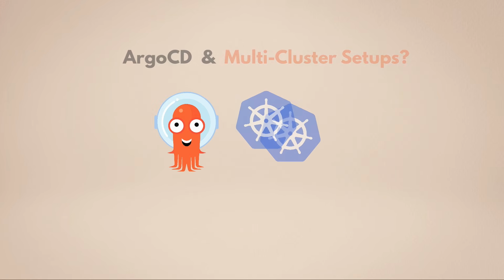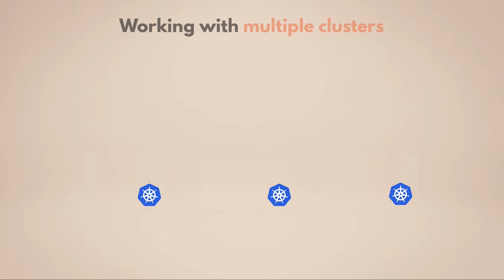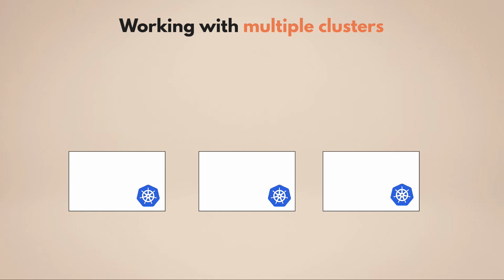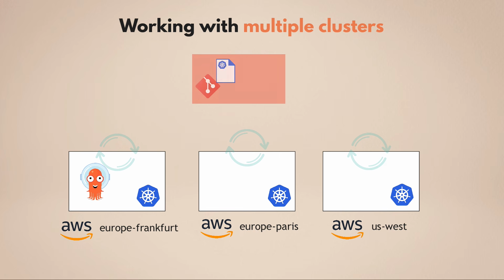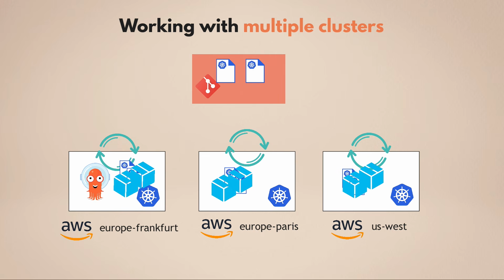Now there is one more thing we need to address, which is working with multiple clusters and how we apply these processes in a multi-cluster environment. Let's say we have 3 cluster replicas for a dev environment in 3 different regions. In one of the clusters, we have ArgoCD running and configured to deploy any changes to all 3 cluster replicas at the same time.